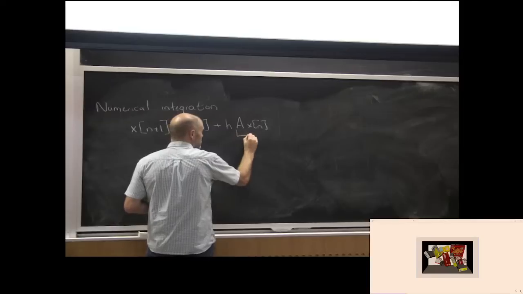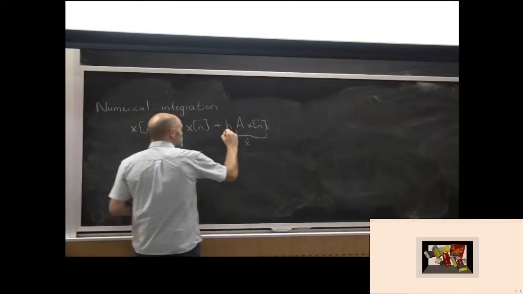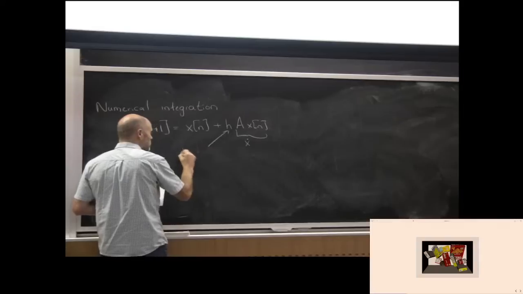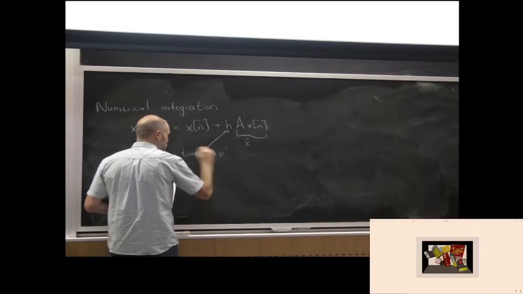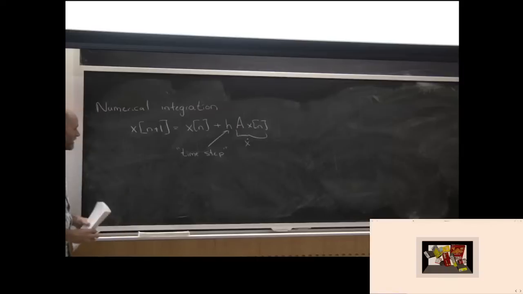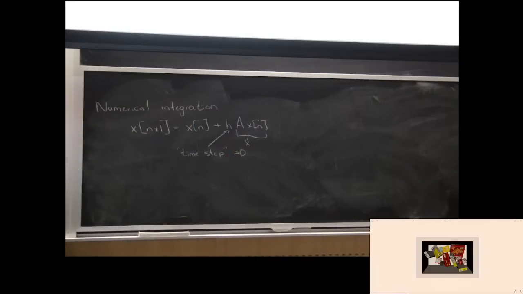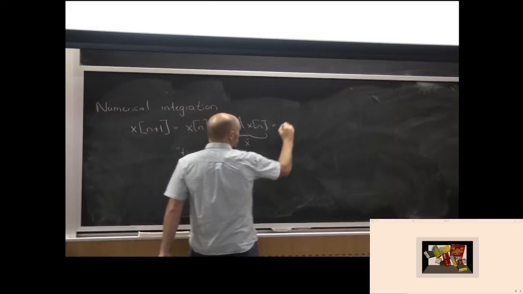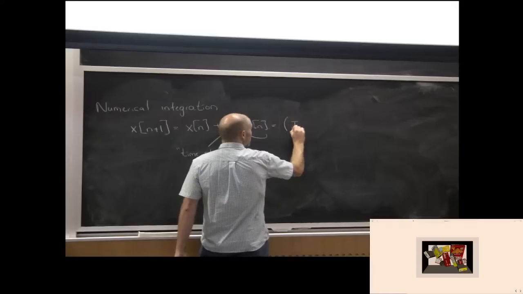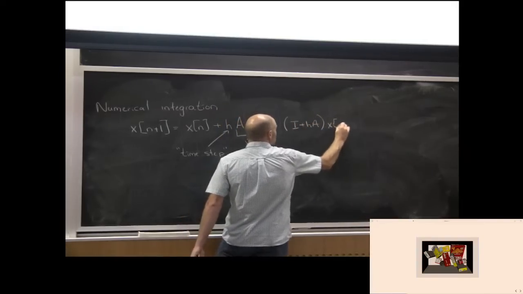This is my dynamics. This is my x dot, right? This one here, h, is what I'll typically use to denote my time step. I want that to be also greater than 0. And if you care about the linear analysis, again, you could write this as I plus h A times x n.